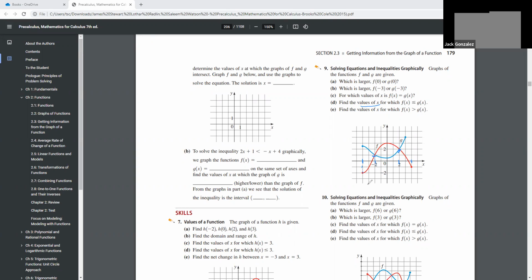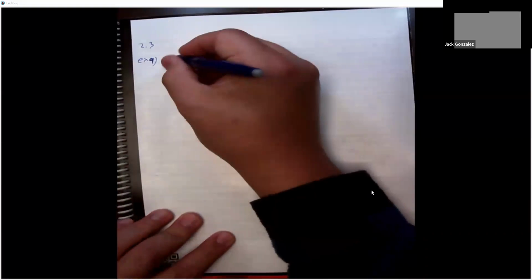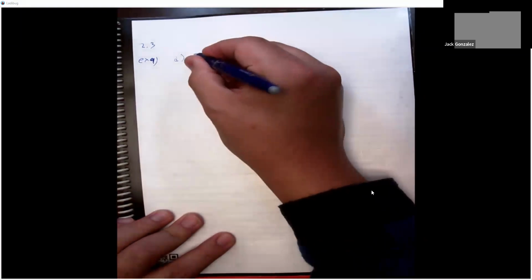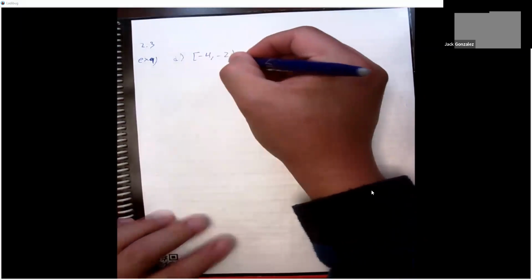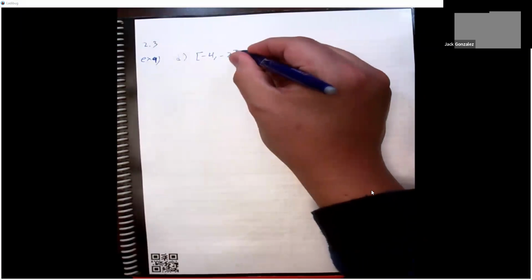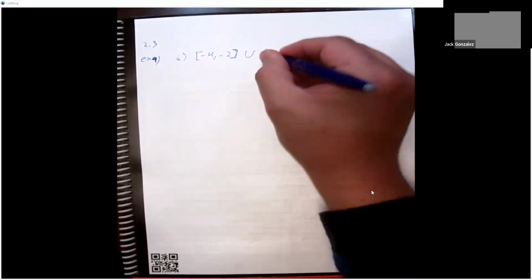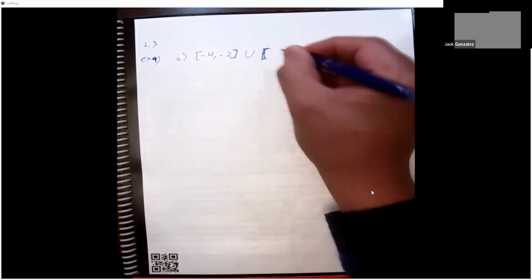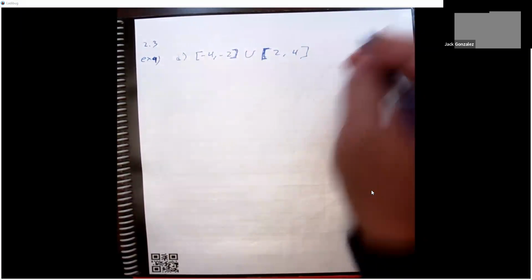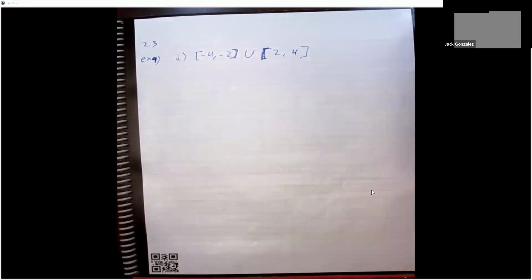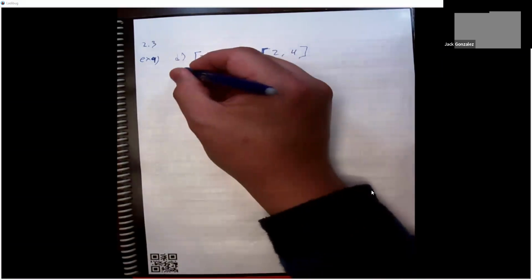On paper, you would say part D, -4 to -2, that's that first chunk, bracket, union with bracket, 2 till 4. So this is where the red is below the blue, or equal to, because it said equal to. Are there any questions on that?